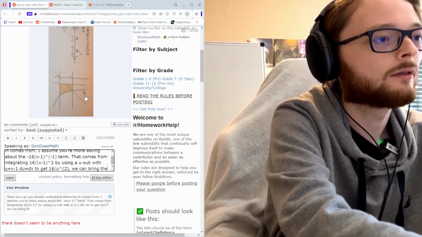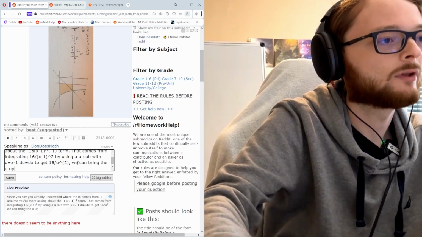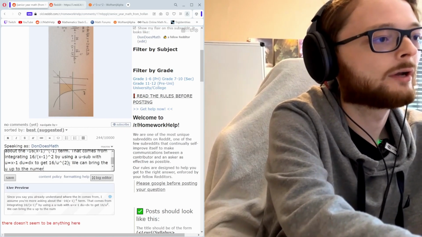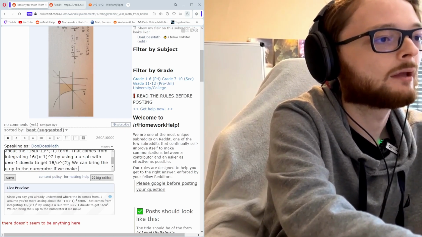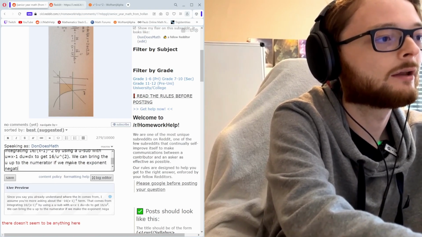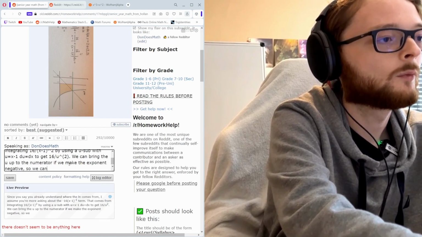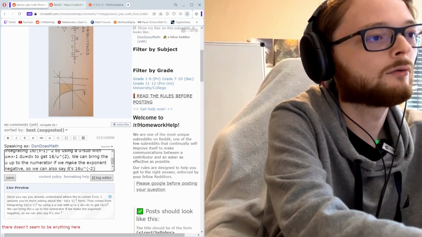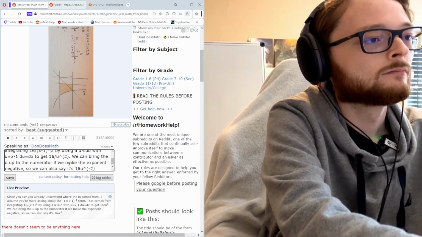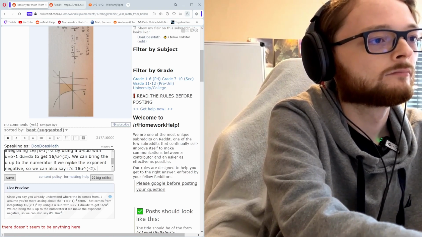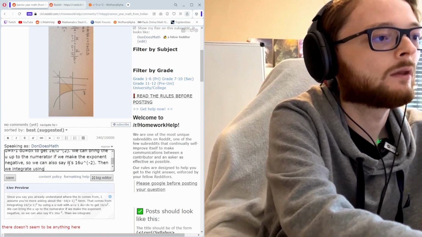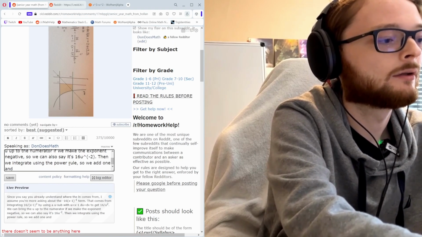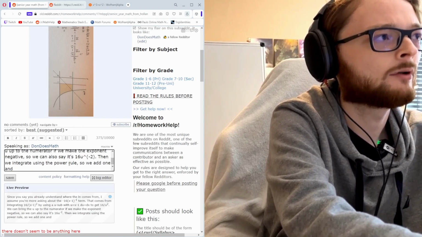We can bring the u up to the numerator if we make the exponent negative, so we can also say it's 16u to the minus 2. Then we integrate using the power rule, so we add 1 and divide by the new exponent.